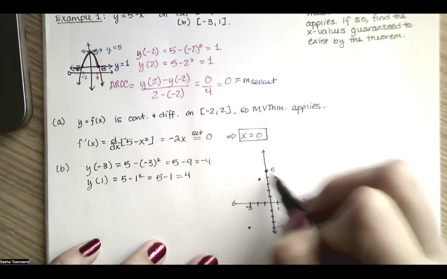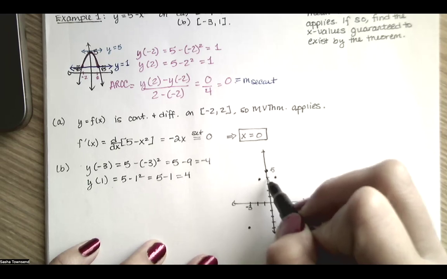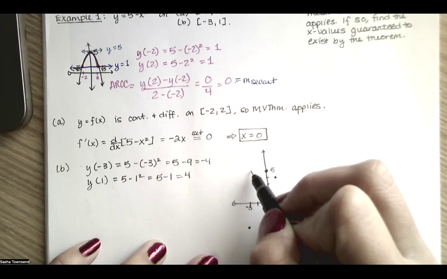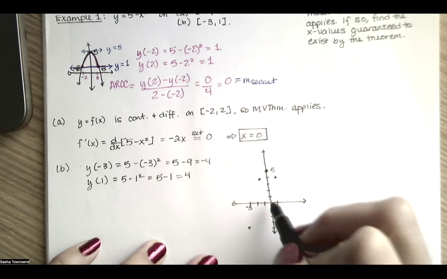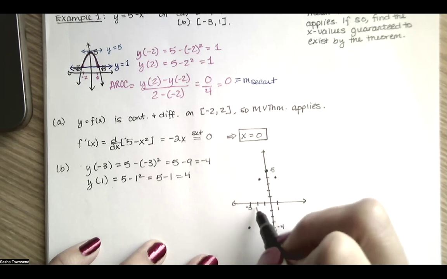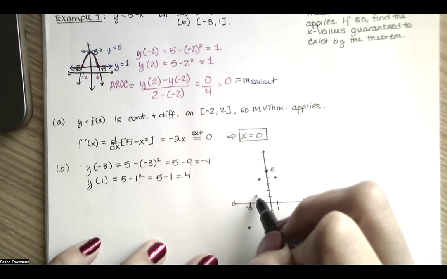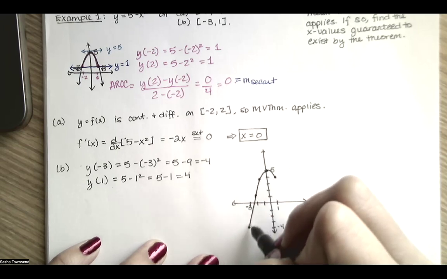So we're going to go down 1, and then go down 1 and to the left 1 and down 1 to the right 1. And then we'll go left 2 and down 4. So at x equals -2, we should have a 1. And so this is the part of the parabola that I'm interested in.